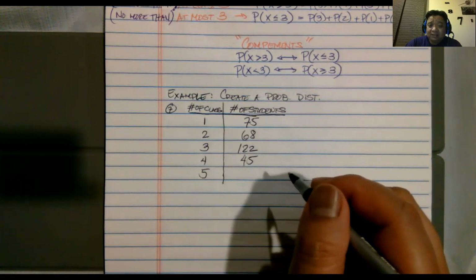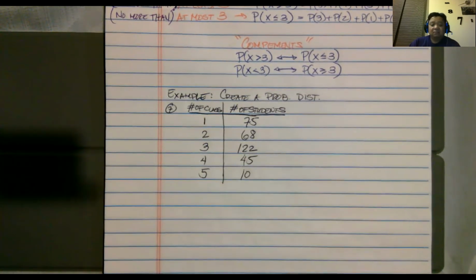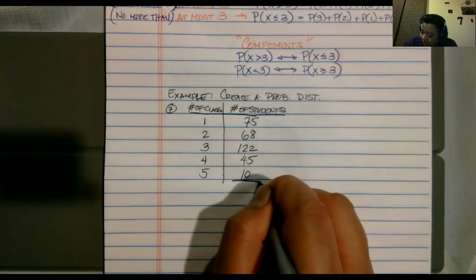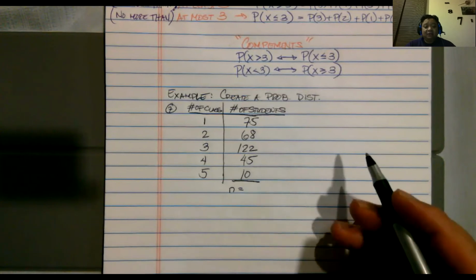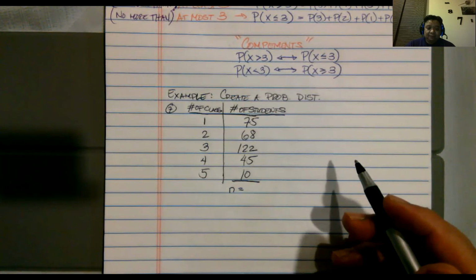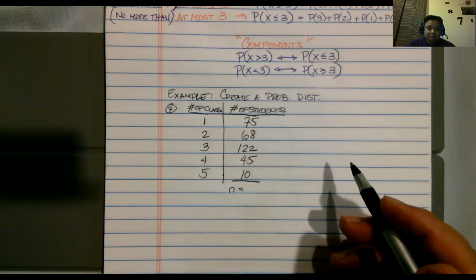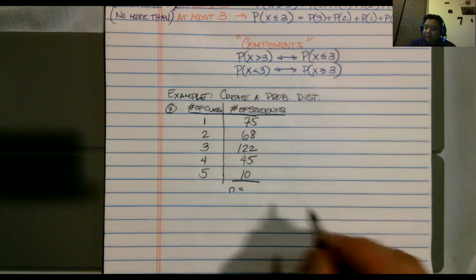And the number of students taking 5 classes is, let's just say, 10. Note in this particular case, the total frequency, which is n, the sample size, if you add up everything here, is 320.